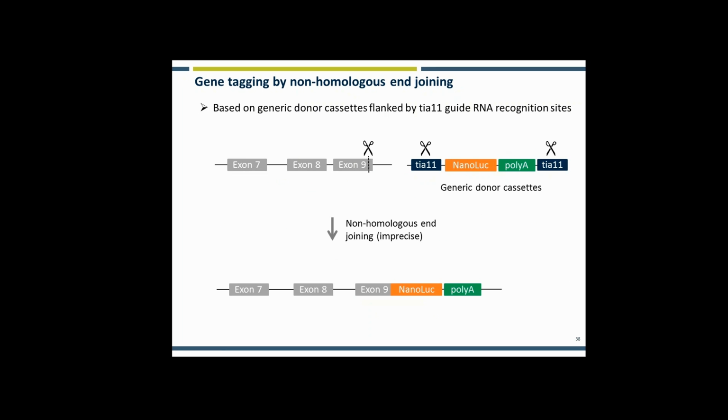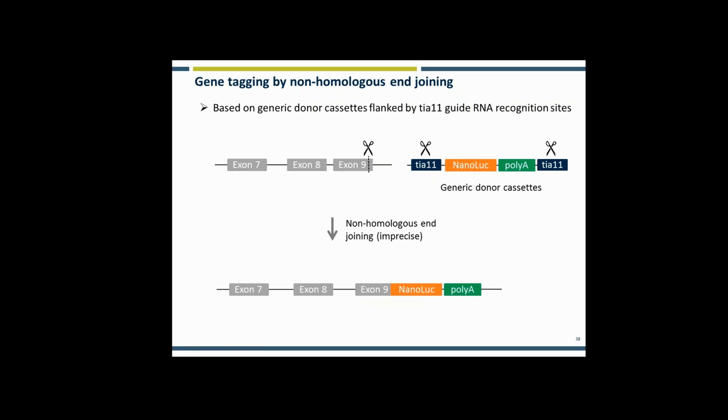So if you co-transfect your cells with your Cas9, your guide to target your particular gene of interest, and then your self-cleaving tag donor, then not only will you get cleavage of your target gene, but you'll get release of this tag from that donor.